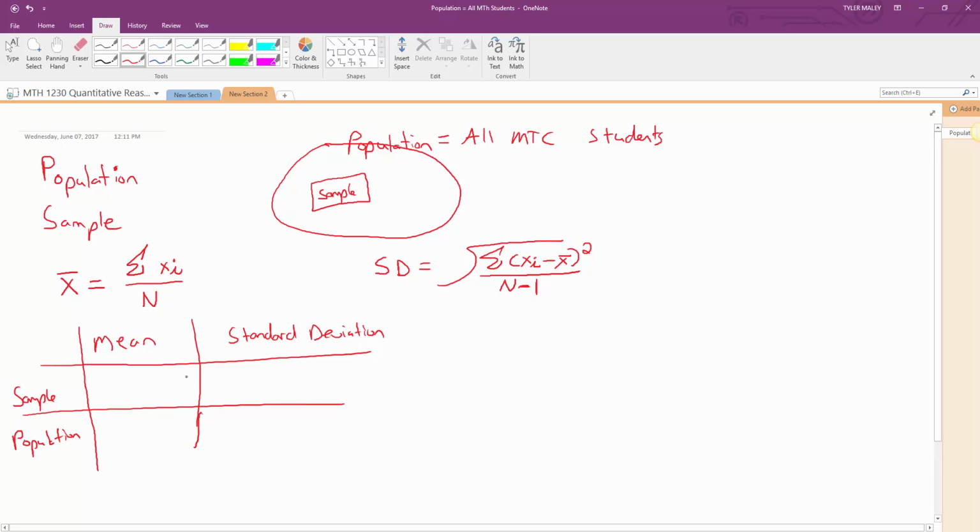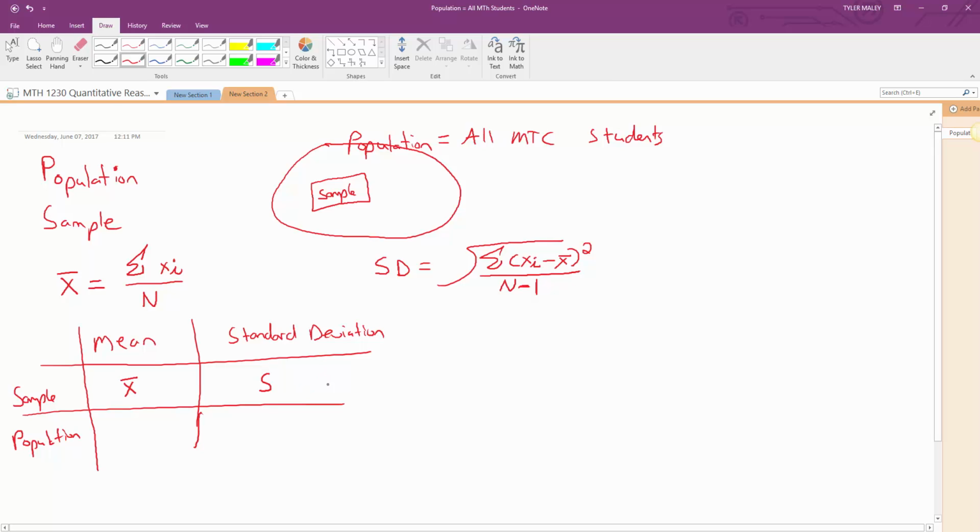When we talk about mean and standard deviation and other variables, we use different variables depending on if we're talking about the sample or the population. When we're talking about a sample mean, we use the symbol x bar, an x with a bar above it. With standard deviation, typically we use the variable s to represent the sample standard deviation.